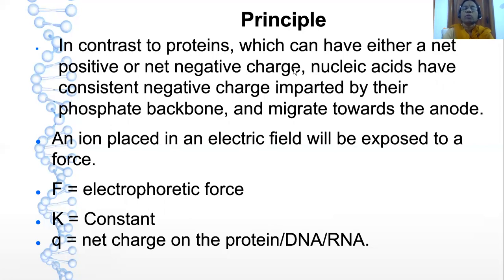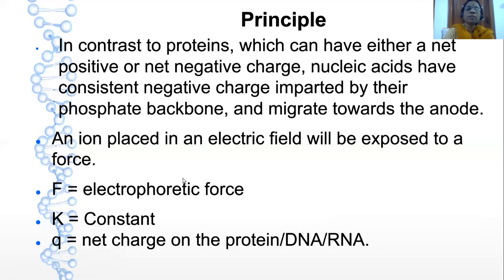On the other hand, nucleic acids themselves have a negative charge, so they will move towards the positively charged electrode. This negative charge is due to the presence of the phosphate backbone in their structure, and hence they tend to migrate towards the anode.